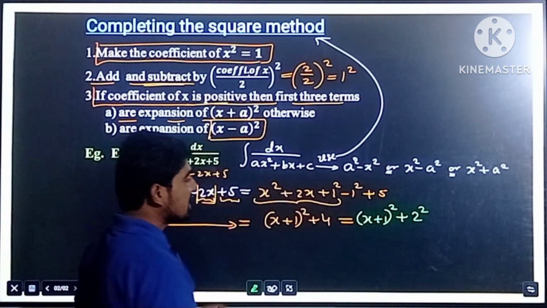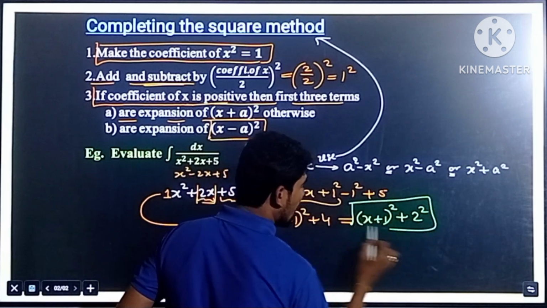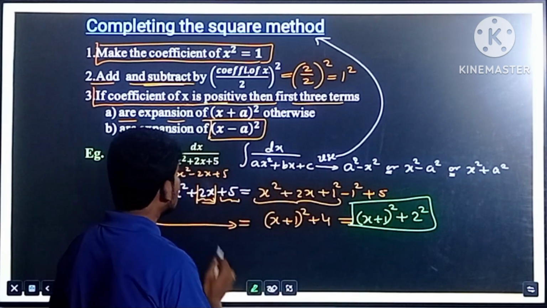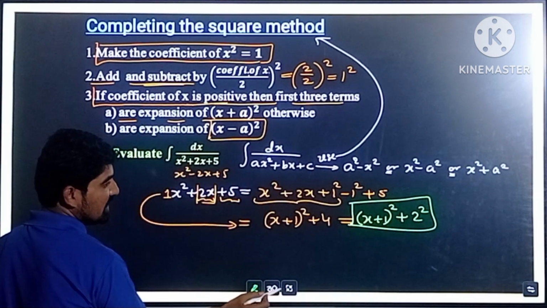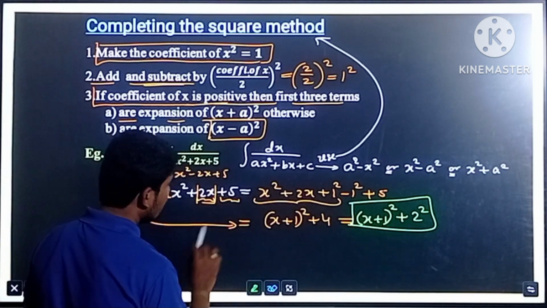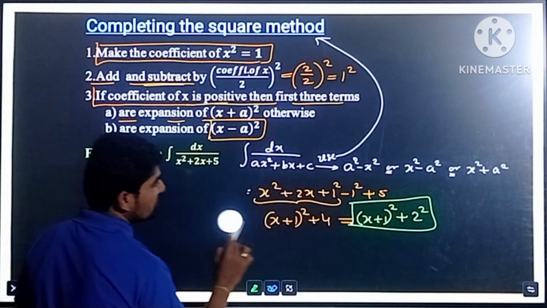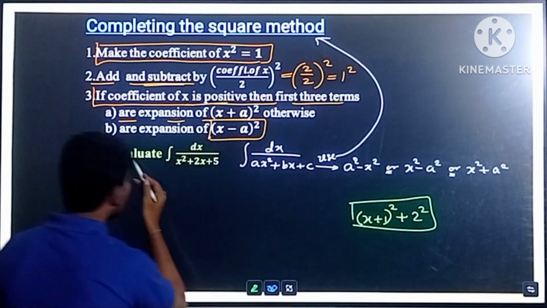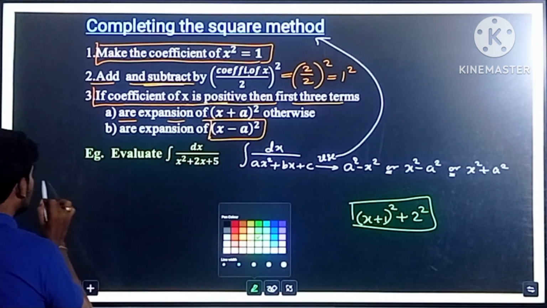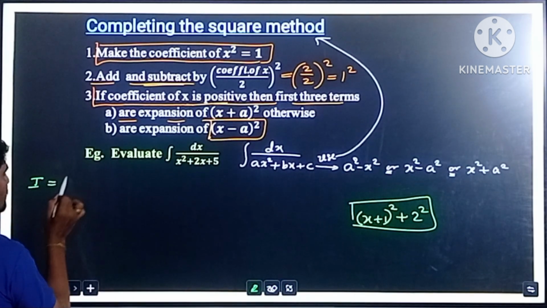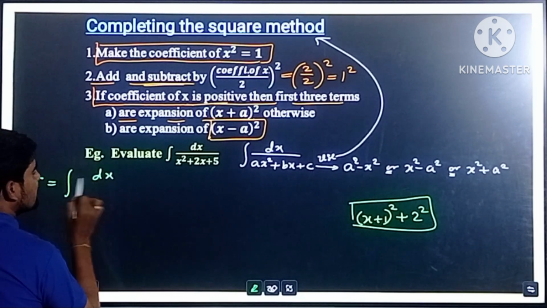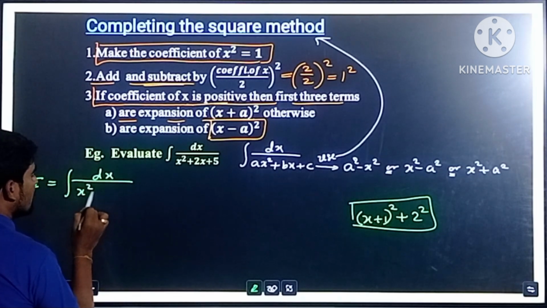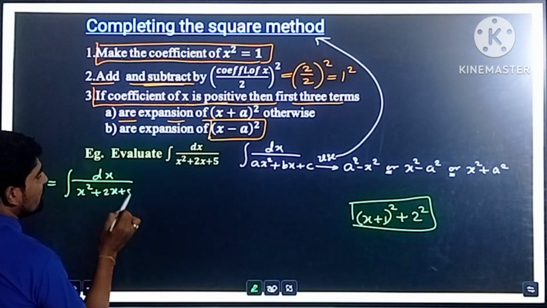Therefore, by using this completing the square method, let us consider this integration problem I equals integration of dx divided by x square plus 2x plus 5.